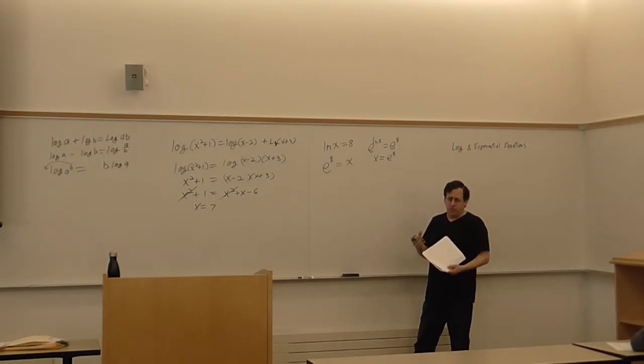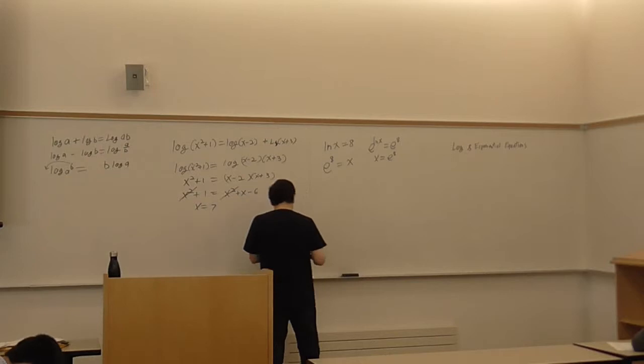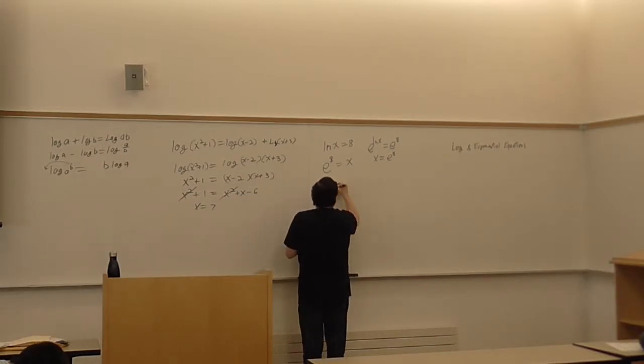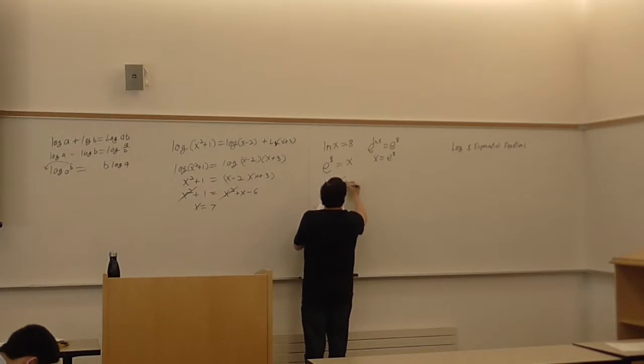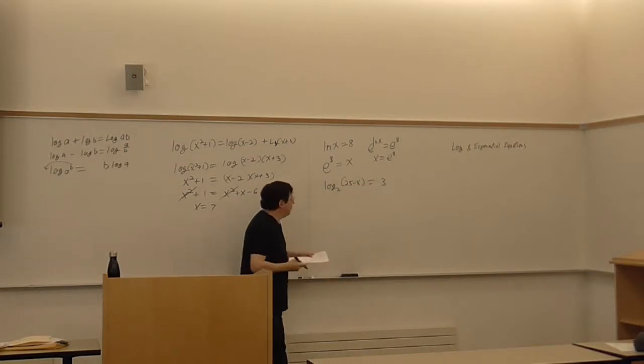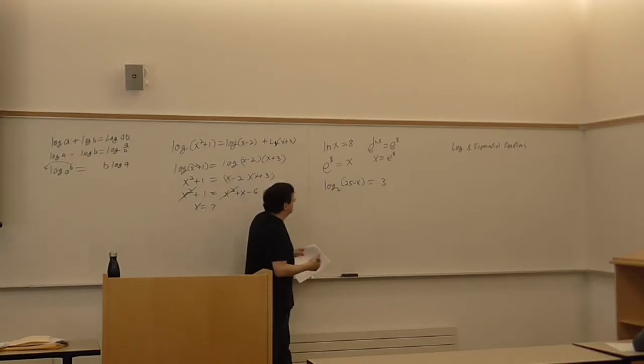Here's an example of the same problem, only in a manner that looks a little scarier. Log to the base 2 of 25 minus x equals 3. Well, okay. Rewriting this again as an exponential.